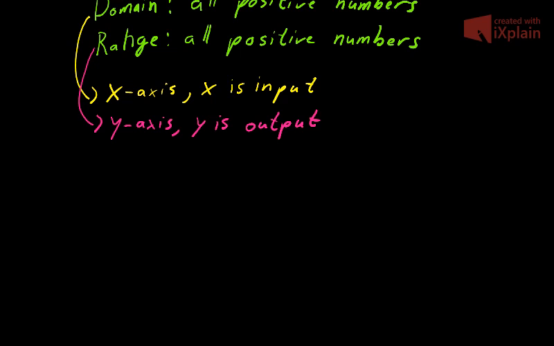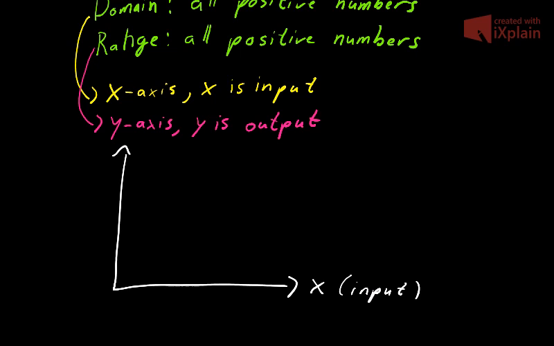So I'll draw a graph real quick. Just like that. This is going to be my x-axis, or input. And this is y, or output. So I'll just put a few tick marks on here.